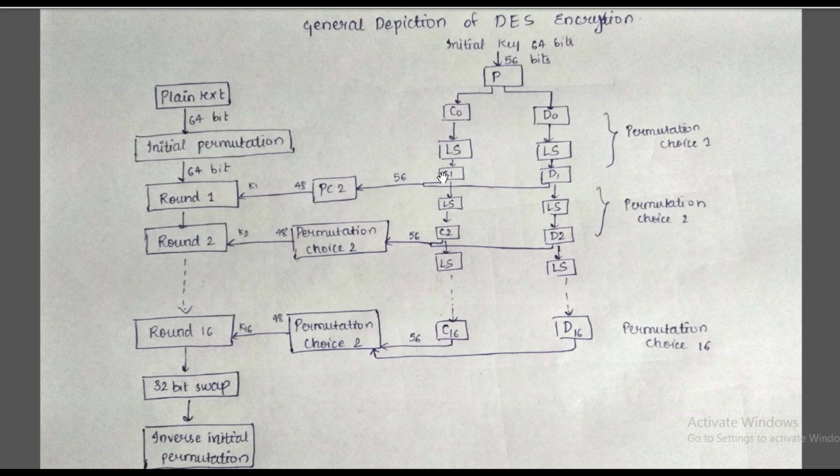Similarly the output of C1 is taken as input for the second round, and similarly the output of D1 is taken as the input for the second round, and it performs left shift once again. Since it is round 2, it will shift by 1 position and then give the output as C2 and D2, which is combined to form 56 bits.